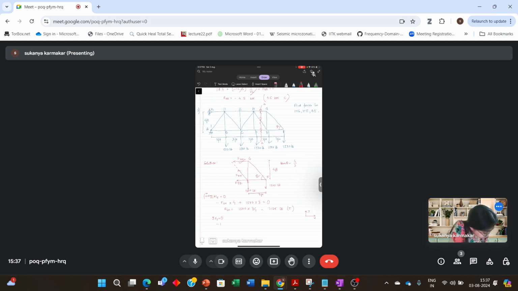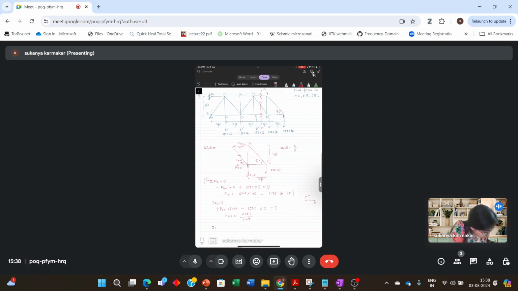So minus FEH sin theta in the vertical direction, plus minus 1500 into 2, because of the two forces at point E and F, is equal to 0. FEH is 3000 by sin theta.